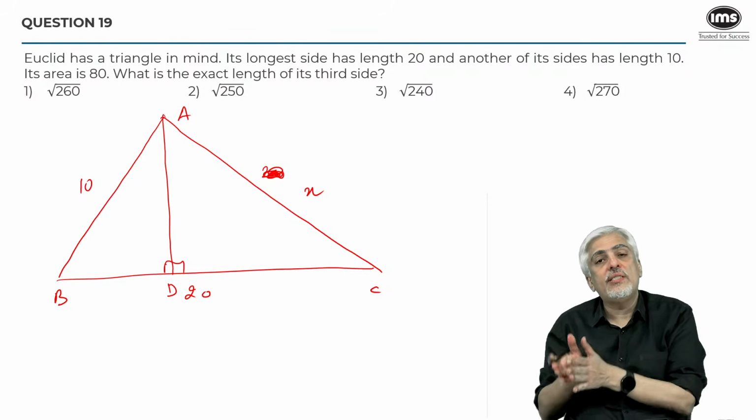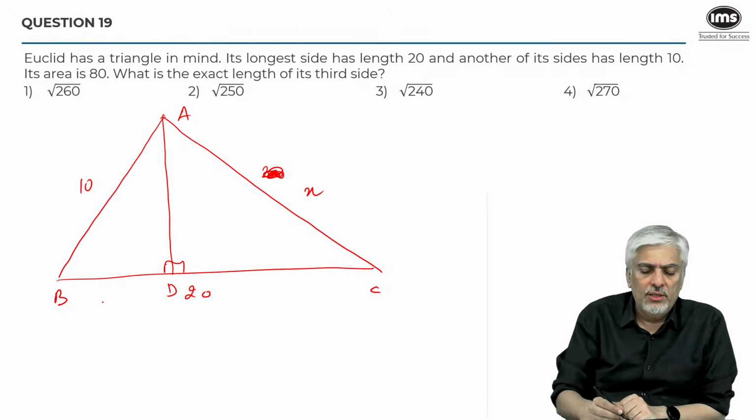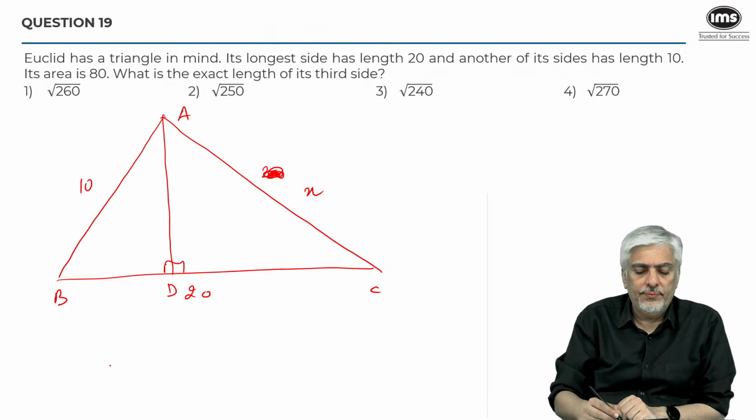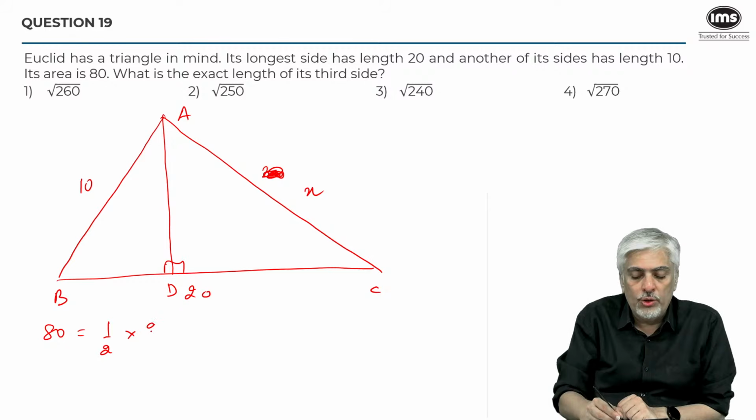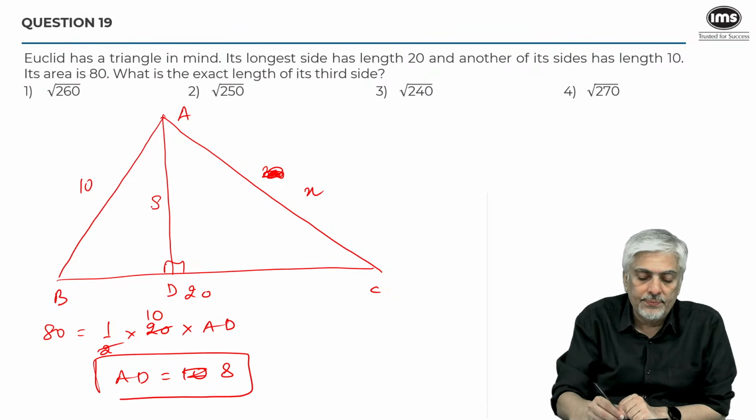Remember, you can take 10 and 10 also as the base, doesn't matter. Area is half into base into height. So 80 is half into 20 into AD. So AD comes out to be 8. 80 divided by 10, AD is 8.